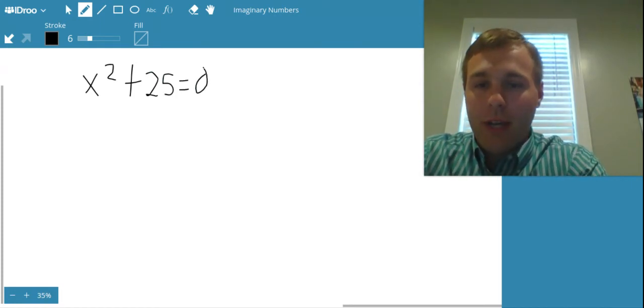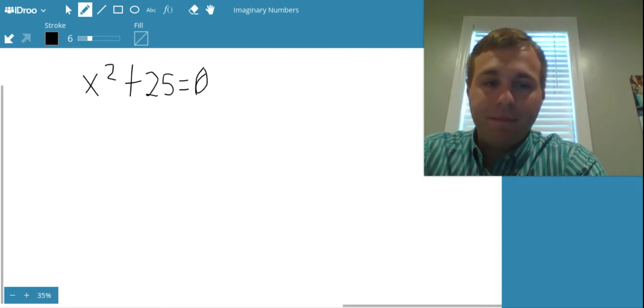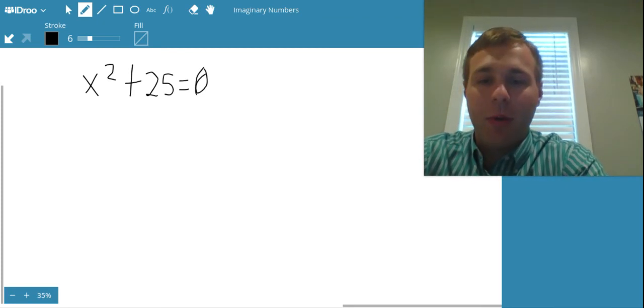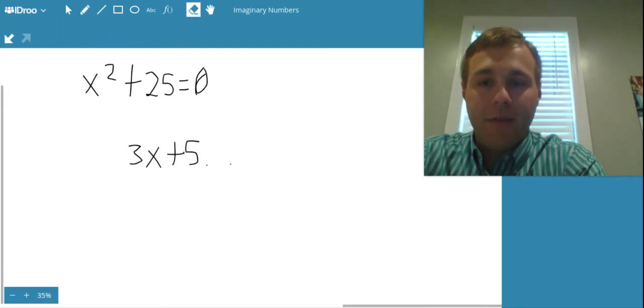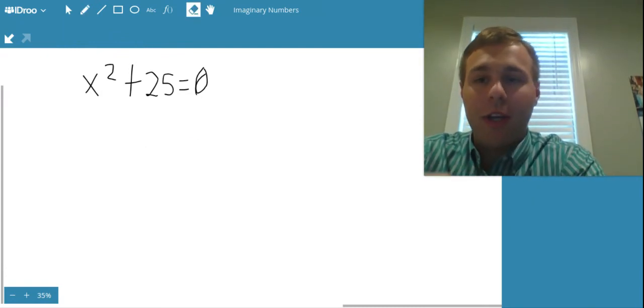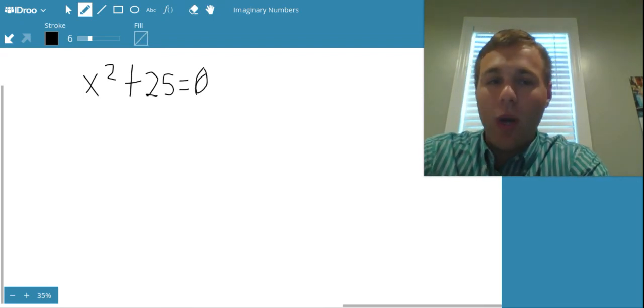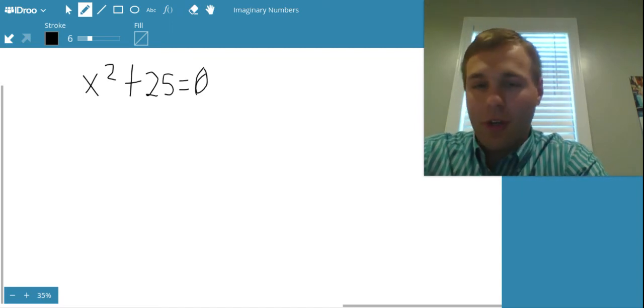Now, a quadratic equation is one where your x has a bigger exponent than just 1. A linear equation would be something like 3x plus 5, etc. That's called a linear equation. A quadratic equation has the squared in it. So if you're trying to solve a quadratic equation, we're going to use imaginary numbers to solve this.